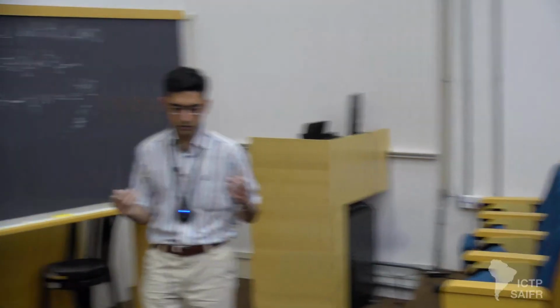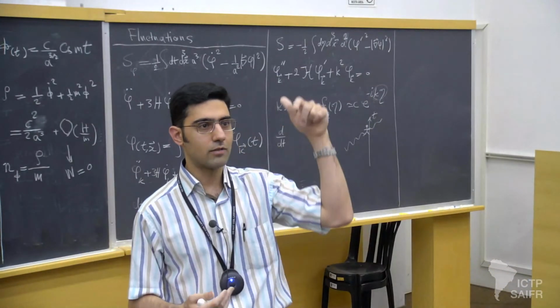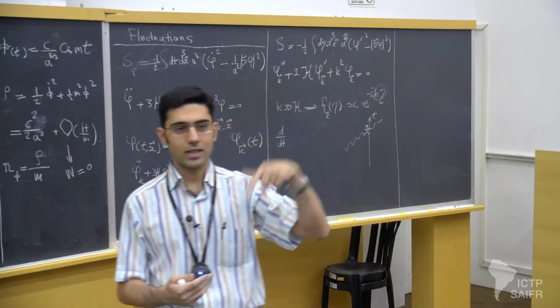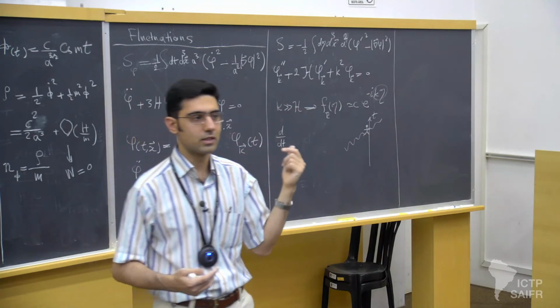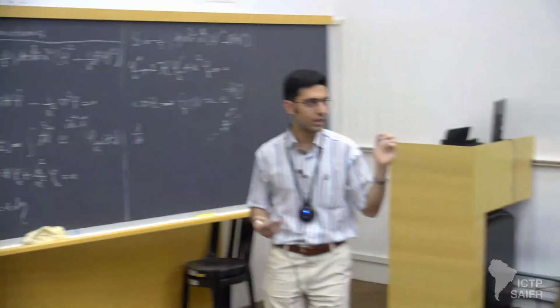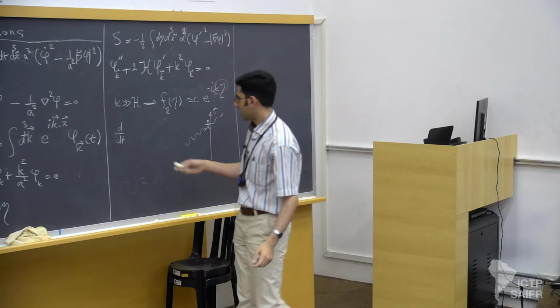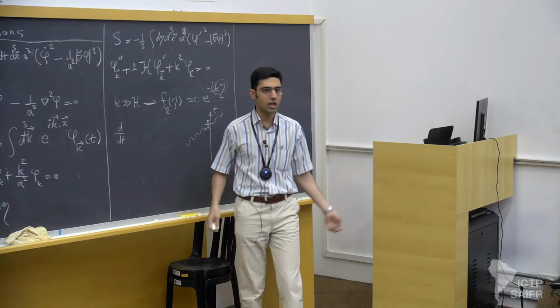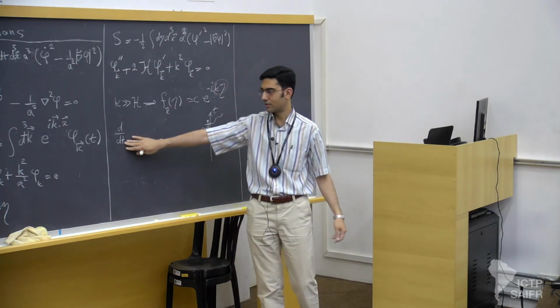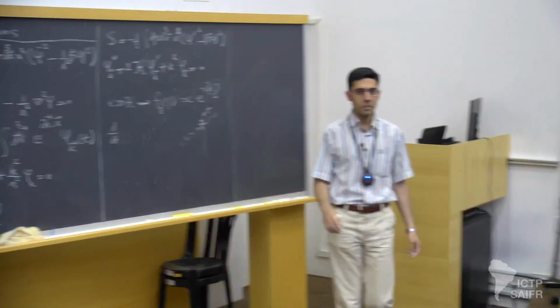How do I measure the frequency? I look at the diagram for this wave. It has a phase. I take the time derivative of the phase. It gives me the frequency. The time derivative with respect to the time that my clock measures. So t is the physical time.